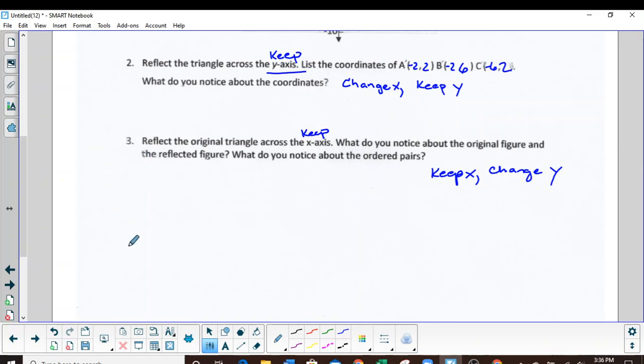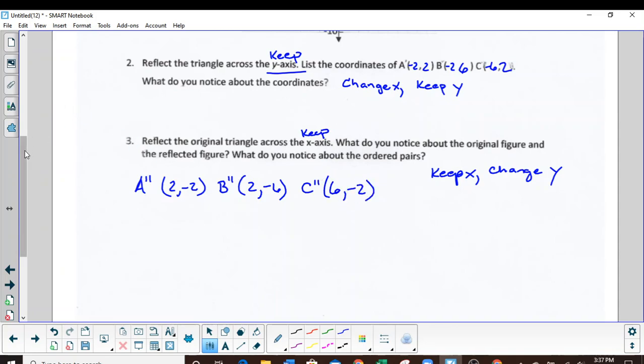Let's call this A double prime. If we look up at our ordered pairs, 2, 2, we're going to change that to 2, negative 2. B double prime, that one's 2, 6, so let's change it to 2, negative 6. And C double prime, that one's at 6, 2, let's change it to 6, negative 2.